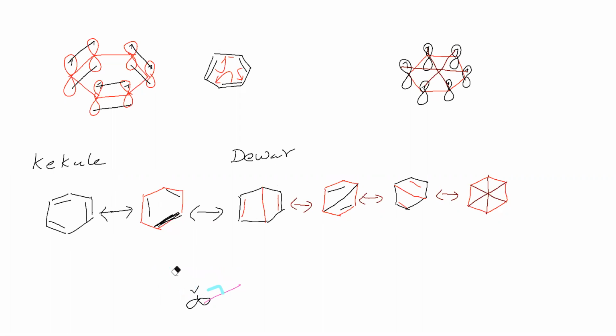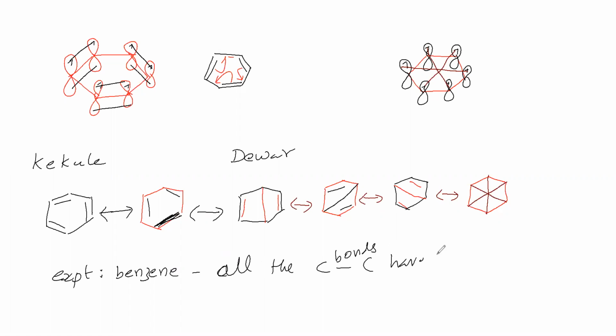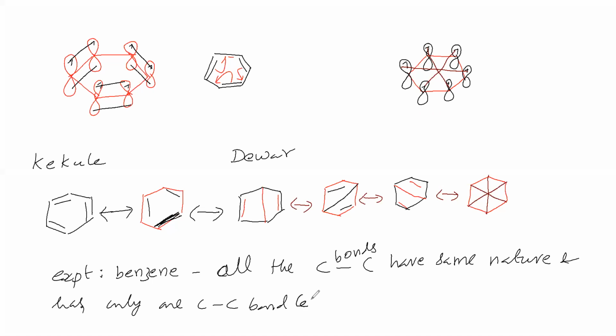Now we will see the experimental fact. The experiment says that in benzene, all the carbon bonds have the same nature, and there is only one C-C bond length.